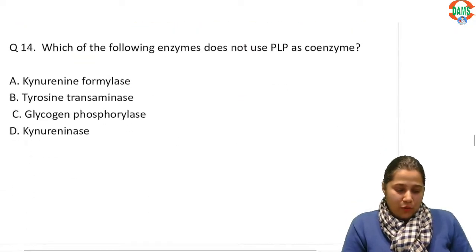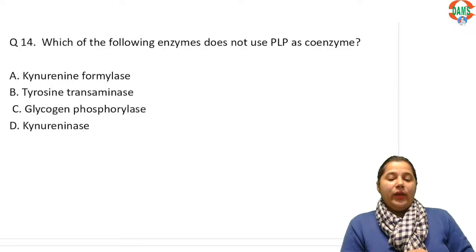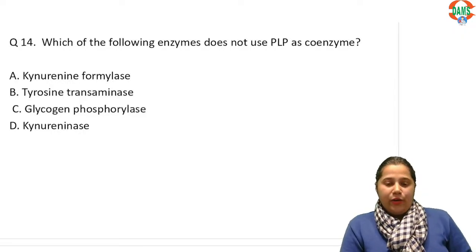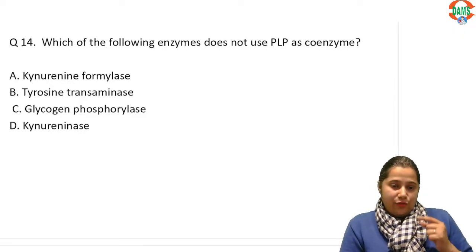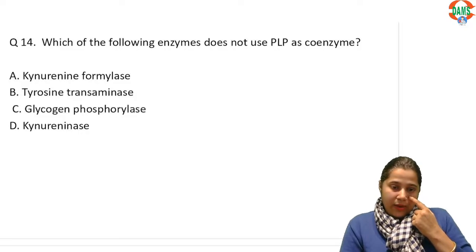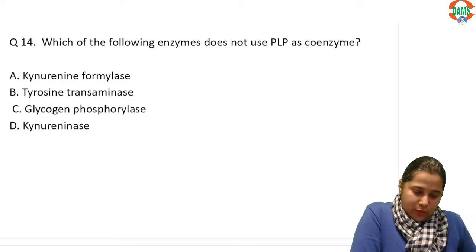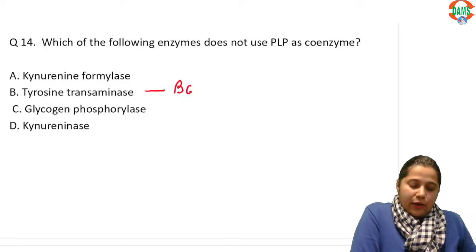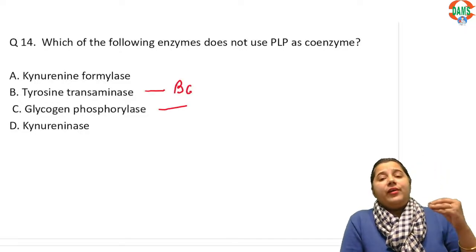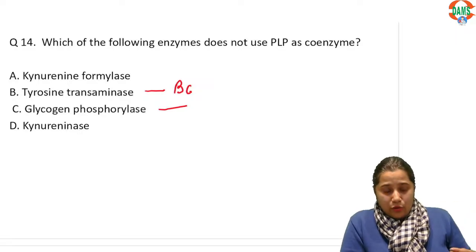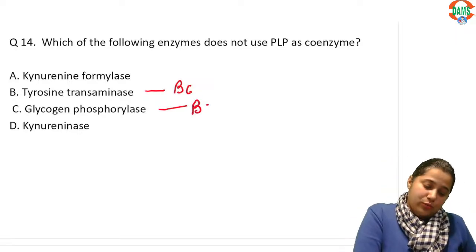Question number 14. Which of the following does not use pyridoxal phosphate as coenzyme? Now here, all the transaminases use vitamin B6. Glycogen phosphorylase is the rate limiting enzyme for glycogenolysis, that also uses vitamin B6.